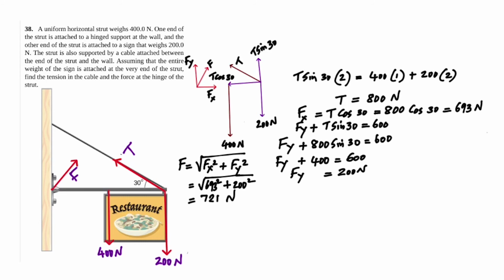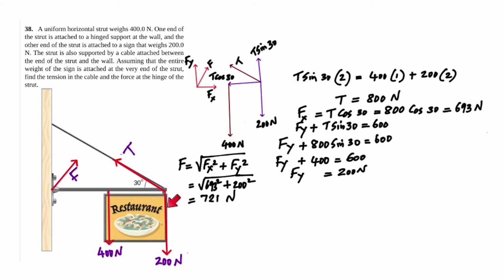So calculating the torque about this point, so that means we measure all distances from here, you get T sine 30, which is acting here actually, T sine 30 times 2, which is the counterclockwise torque, and then you have 2 clockwise torques.